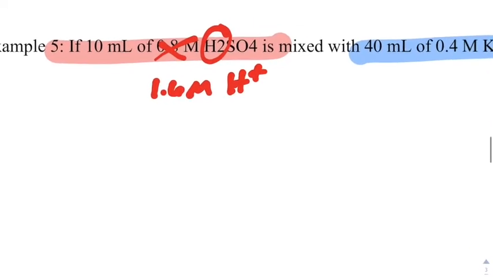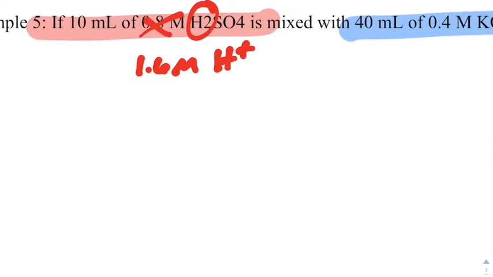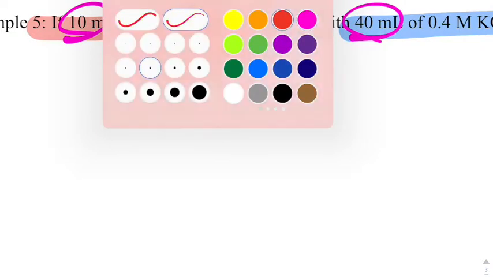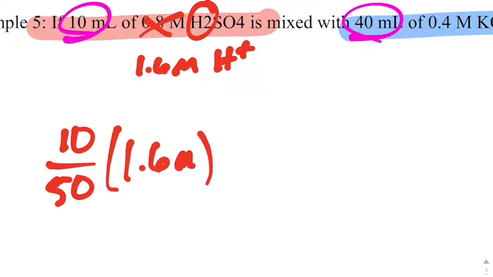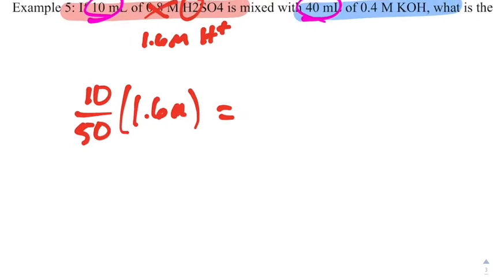because there are 2 hydrogens there, and it is considered to be strong diprotic, so it double dissociates. So technically speaking, when we go to dilute these guys, you're going to have 10 and 40 added together. So our acid is going to end up being 10/50ths of 1.6 molarity, because you have to double it since it's diprotic.